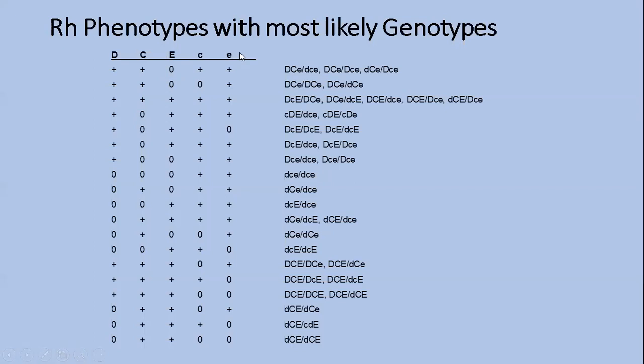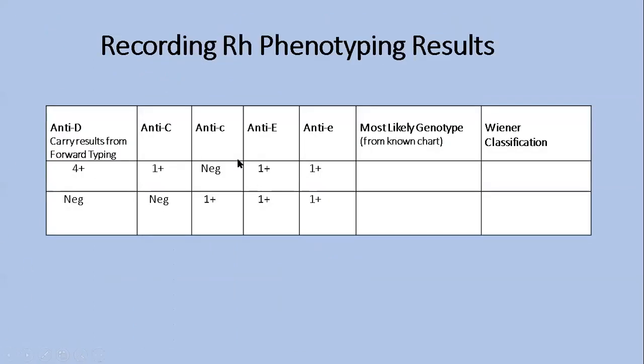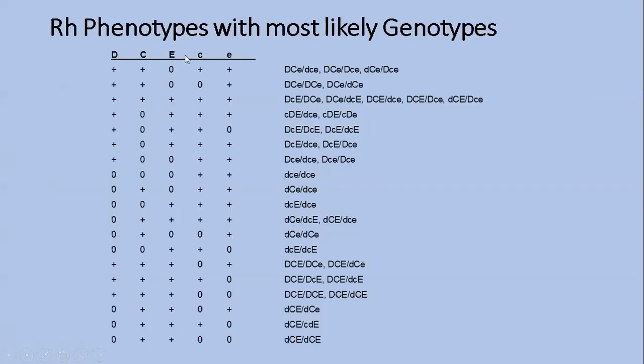Okay, and so in our example, let me double check, the only one this first person does not have is little c. So I basically want to go down through the rows. Like this one wouldn't fit, they don't have big E. So this one, they don't have little c, but they also don't have big E, so that would not fit our test results.